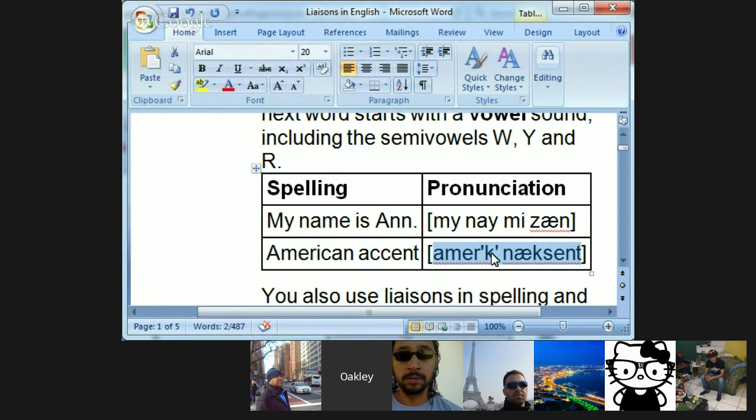I want to just, as we're looking at these notes today and tomorrow, make a little notation about this. Why is there an apostrophe here between the R and the K? It's perfectly correct to say American, but this apostrophe shows when the vowel sound or the syllable is greatly reduced.